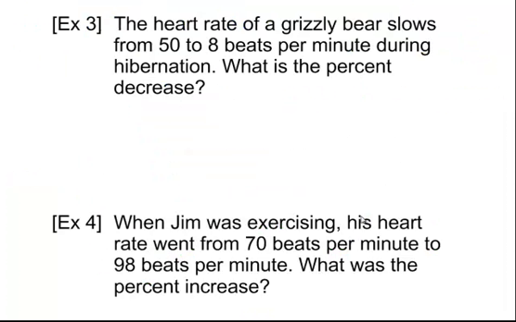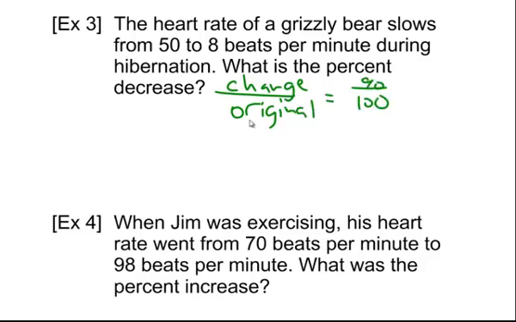All right. Let's try some word problems. The heart rate of a grizzly bear slows from 50 to 8 beats per minute during hibernation. What is the percent decrease? Well, if it goes from 50 to 8, again, we're doing change over original equals percent over 100. It goes 50 minus 8, because that's how much it changes by, right?